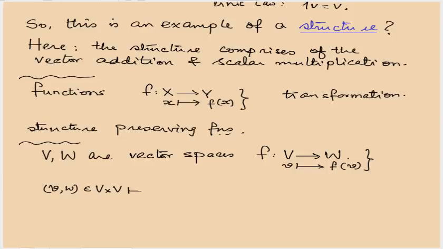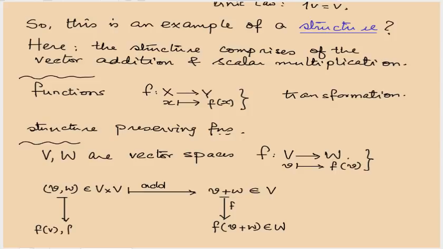In V, I could add them. So v plus w is still in V. And then I could transform them to f(v + w). On the other hand, I can first transform each of the pair to f(v) and f(w).